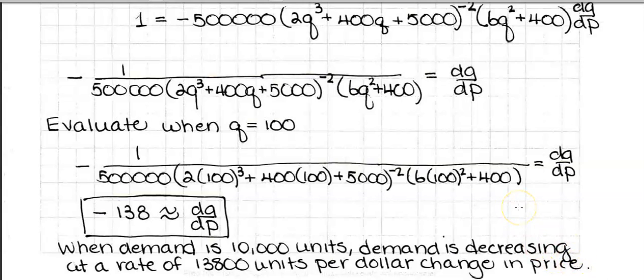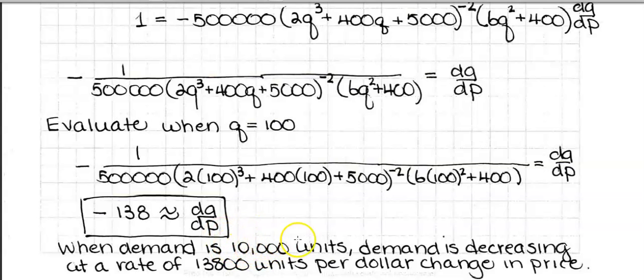Now it's important, because this was an applied problem, to interpret your answer with units. Since we found dq dp, and dq is in hundreds of units produced, and p is in dollars, the units on your rate are 100 units per dollar. So when we plugged in 100 for demand, that was 100 hundred units.